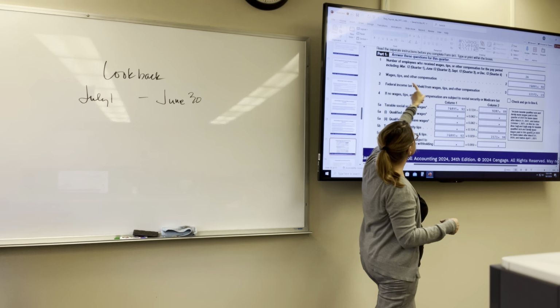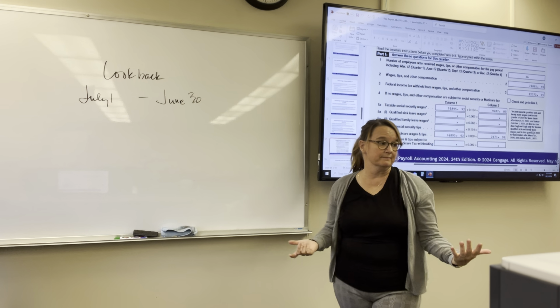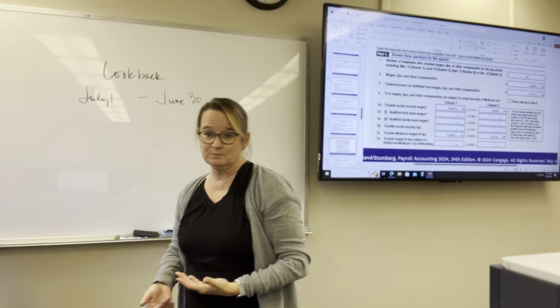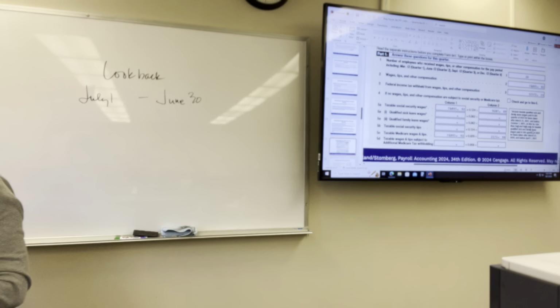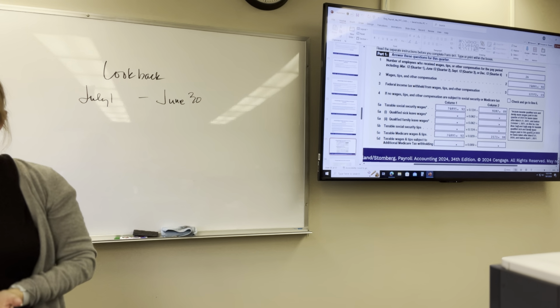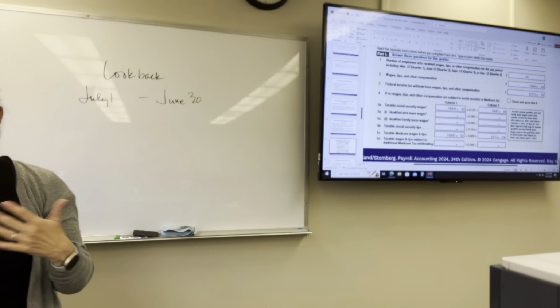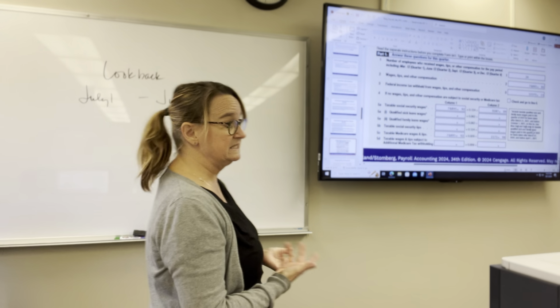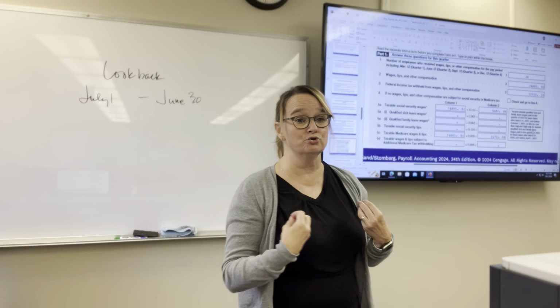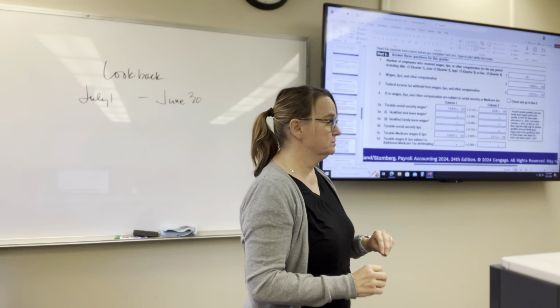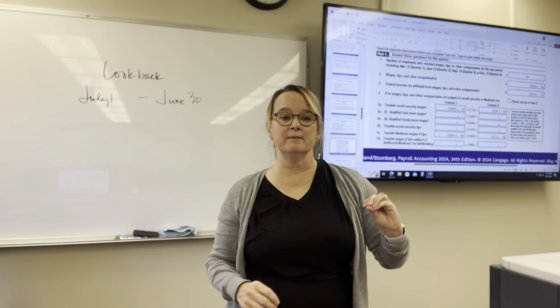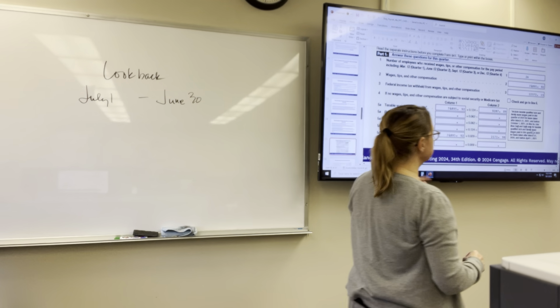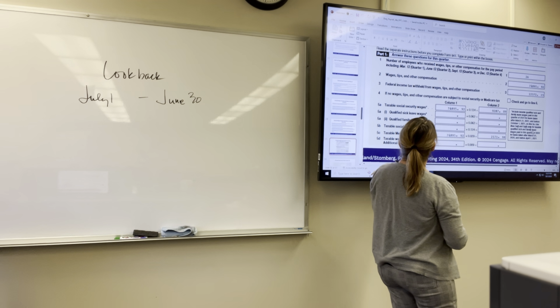Next question, wages, tips, and other compensation. How much did you pay them? This would be taxable wages, amounts that were taxable. We're going to go through in the future some of those pre-tax deductions that would reduce our gross wages. This is how much was subject to income tax withholding.